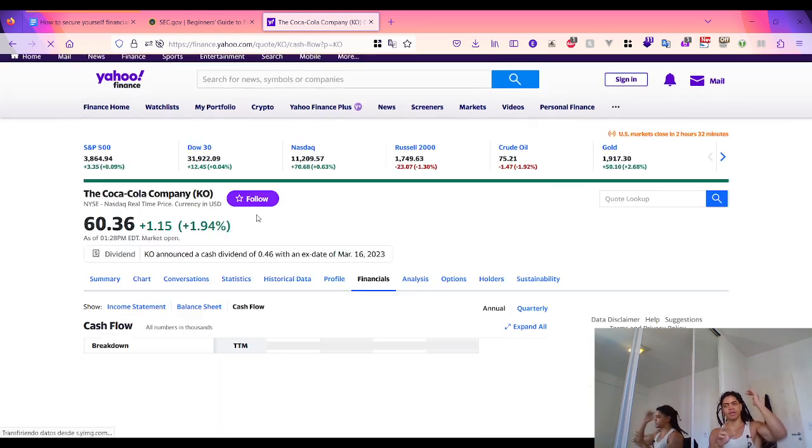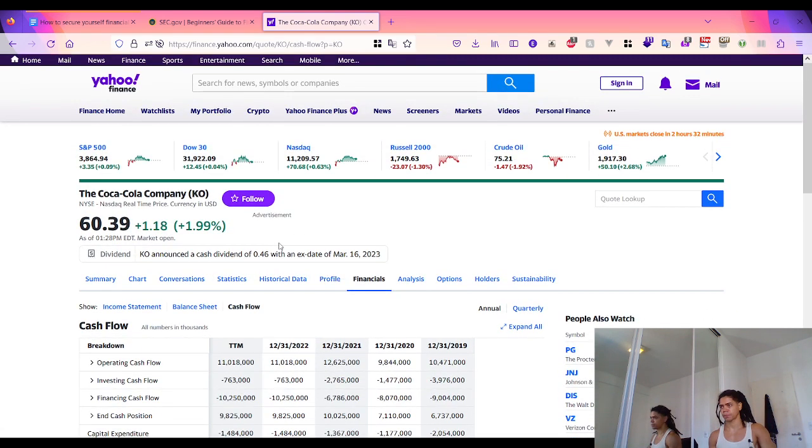U.S. market closed in 2 hours and 32 minutes. Really? Okay. Crude oil, Russell, Nasdaq, Dow Jones, Standard and Poor. Interesting.